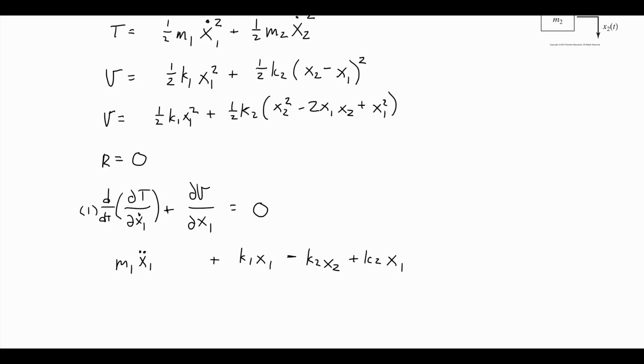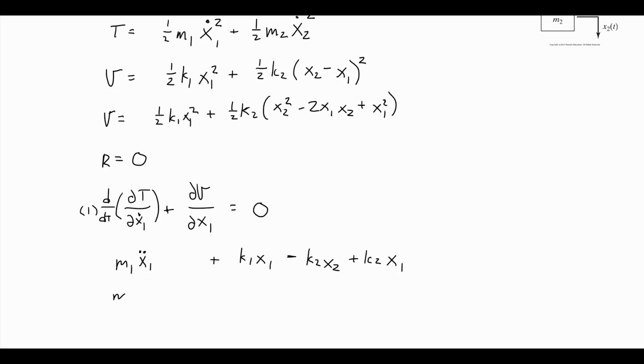Right, so again, we have 3 terms here after we differentiate V with respect to x1. So the first term, and then in that second collection of terms, we're left with that mixed derivative, that mixed x1 x2 leaves us the negative k2 x2, and then plus k2 x1.